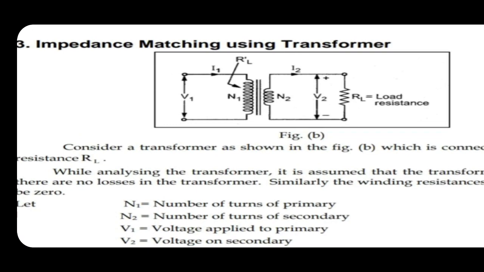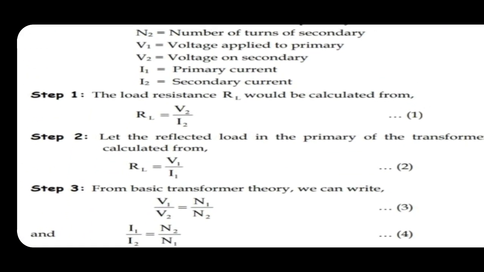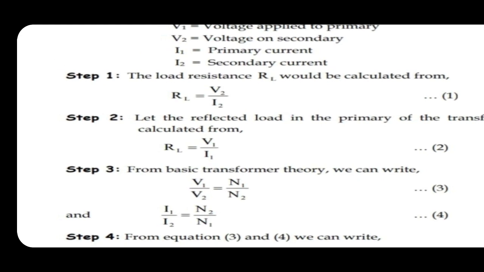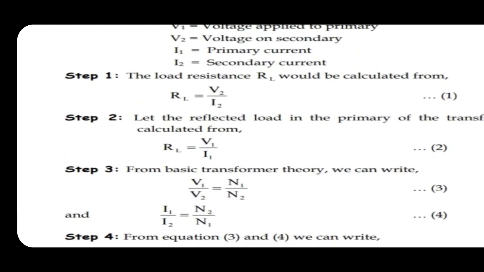So RL dash is reflected from the load. It can be calculated as V1 by I1. From the basics of transformer theory, V1 by V2 equals N1 by N2, and I1 by I2 equals N2 by N1.